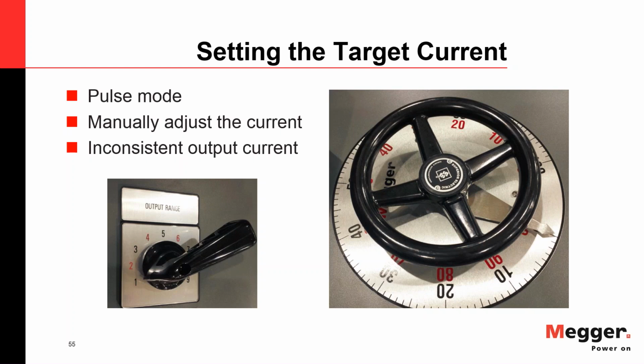For the instantaneous test, you start fairly low, and you just go up on the variac, and you ramp up. You increase the current that you're putting out during these pulses until you are in the region of the instantaneous pickup, and hopefully the circuit breaker trips.